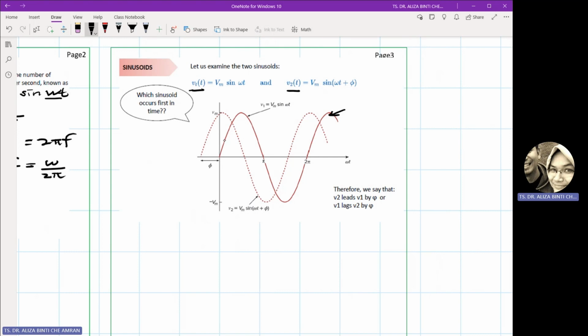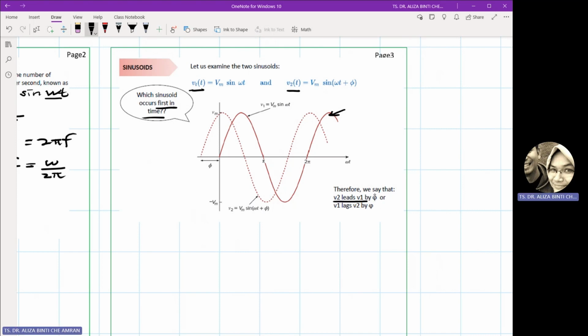From this illustration you may say that V1 is first. However, you need to determine which sinusoid occurs first in time. If you examine which one occurs first in time, definitely the one with the red dotted lines. So V2, that's why we say V2 leads V1.